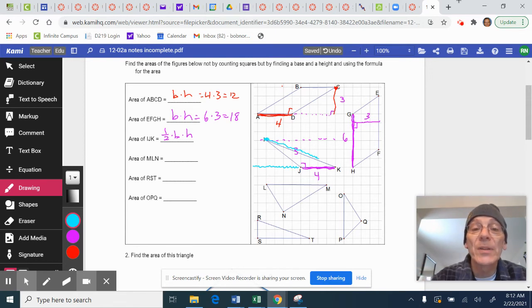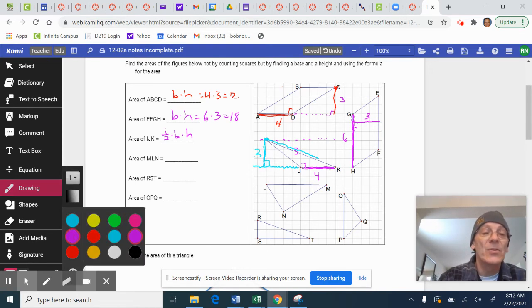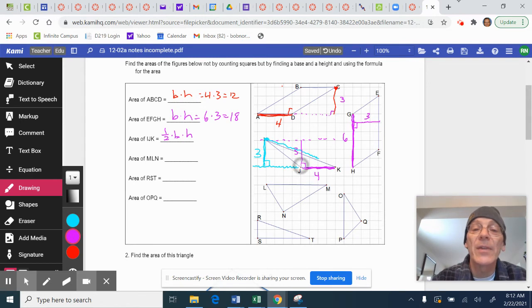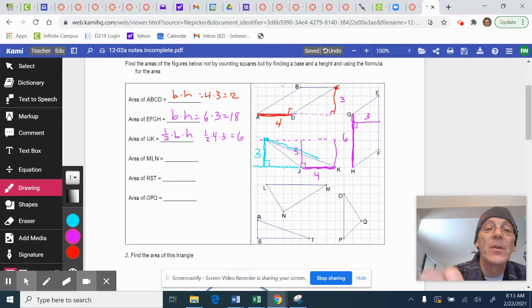Well, you would measure it, again, students say straight. But what they really mean is at a perpendicular distance to the water, and that's 3 units high. So whether you draw the height there or there or there, it's always going to be 3 units. The area of that triangle would be 1/2 times base of 4 times 3, which is 6 square units.